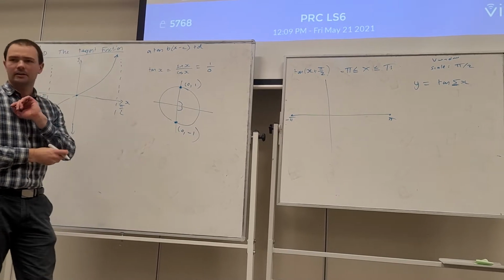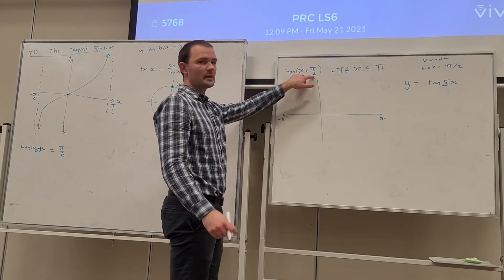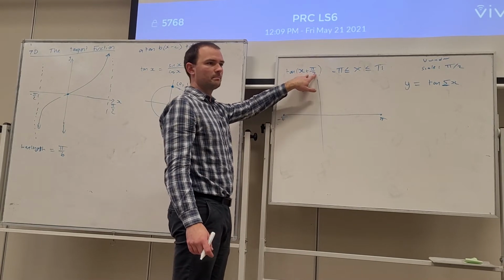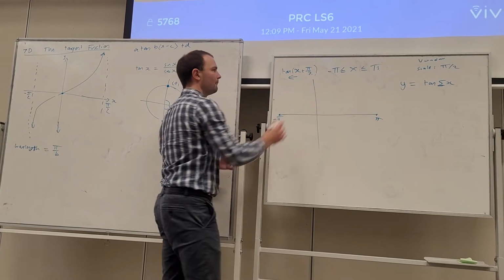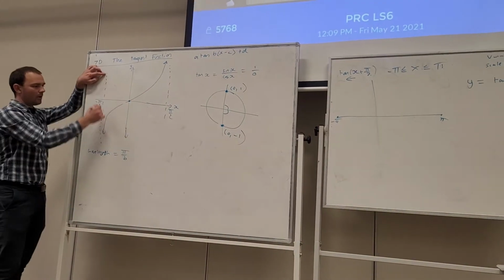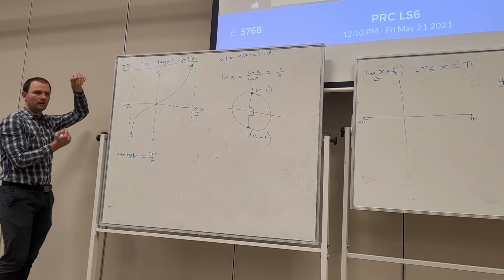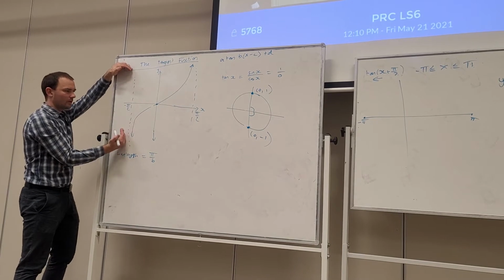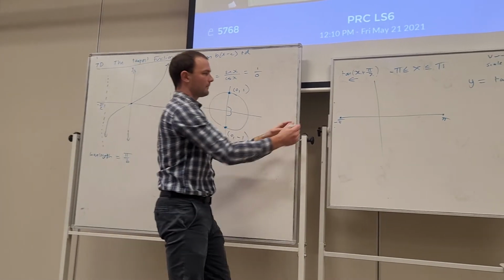Now I'm going to describe how we're doing this one. We've got tan of x plus pi on 2, so that's a horizontal translation, and it's plus, which means we're moving it to the left, this way, pi on 2 units. And so that means this asymptote that's normally at pi on 2 is going to be shoved over another pi on 2 this way. If we've gone from negative pi on 2, we're going another pi on 2 over, that's going to be at negative pi. We have our first asymptote here.